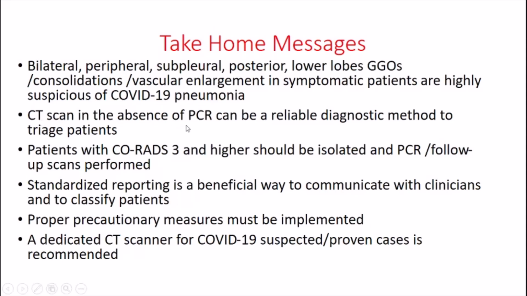CT scan in the absence of PCR can be a reliable diagnostic method to triage the patients, as I have shown in the Iranian form, the diagram. Okay. This is my suggestion: patients with CO-RADS 3 and higher should be isolated and have PCR or follow-up scans performed.